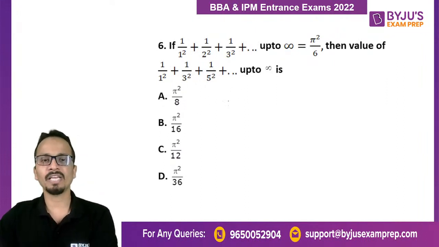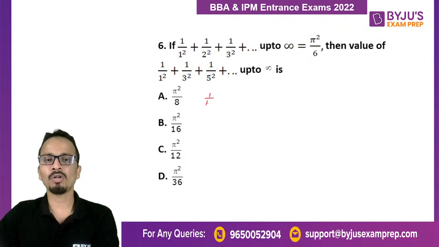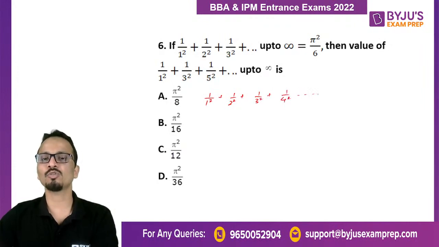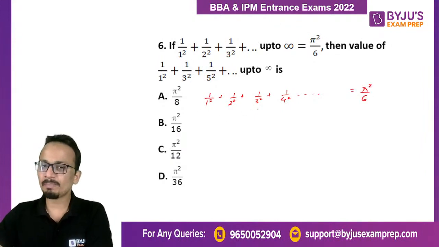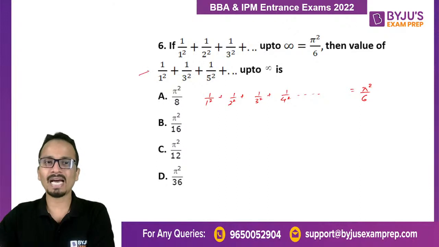So I'll write the given equation. 1 upon 1 square plus 1 upon 2 square, 1 upon 3 square, 1 upon 4 square and so on up till infinity is given as pi square upon 6. Now I'll separate. I'll not look at what I have to calculate. I'll separate odd terms and even terms.